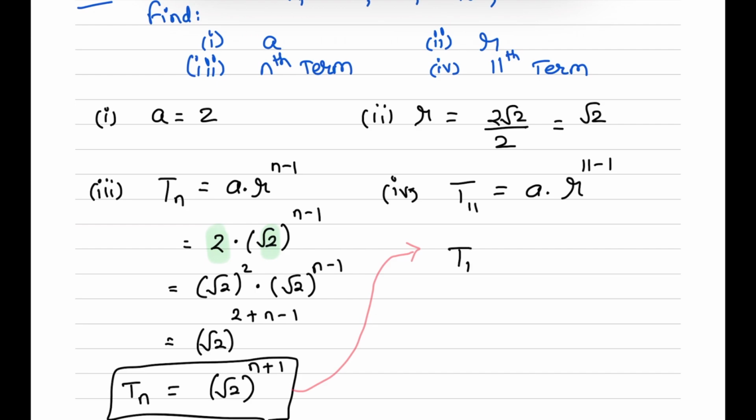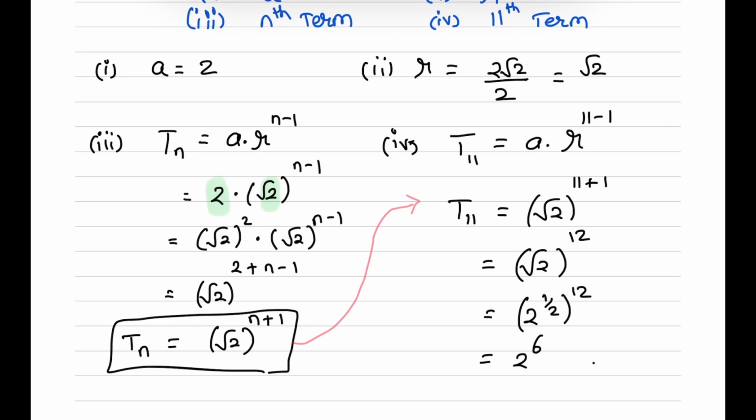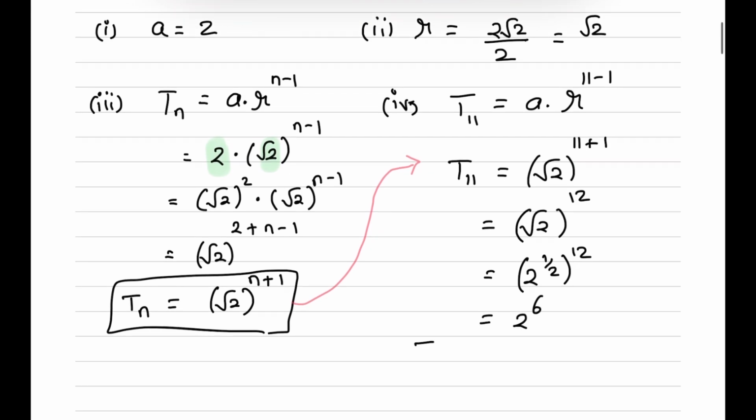So T11 equals square root 2 raised to 11 plus 1, which is square root 2 raised to 12. Now square root can also be written as power half. So 2 raised to half, whole raised to 12, gives 2 raised to 6. So the 11th term for this geometric progression is 64.